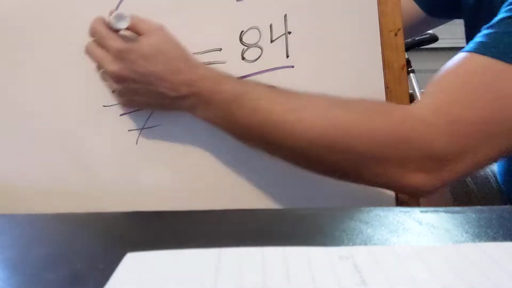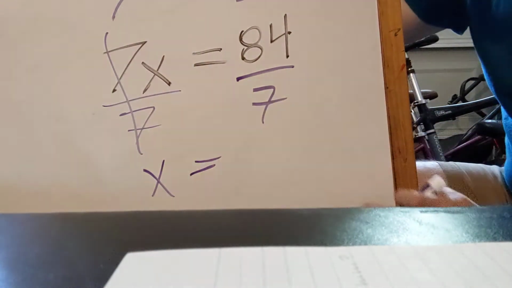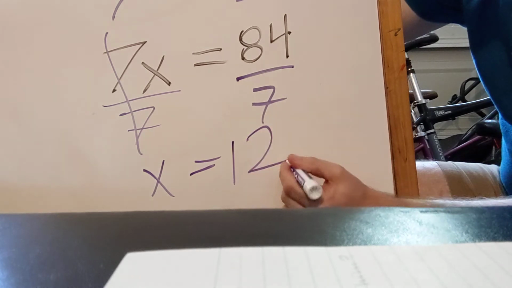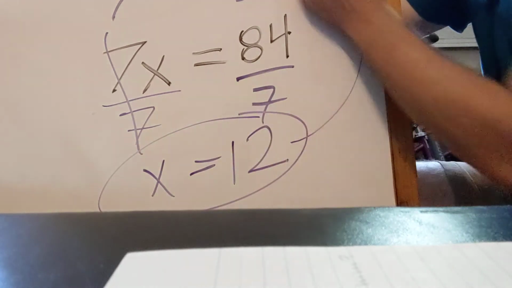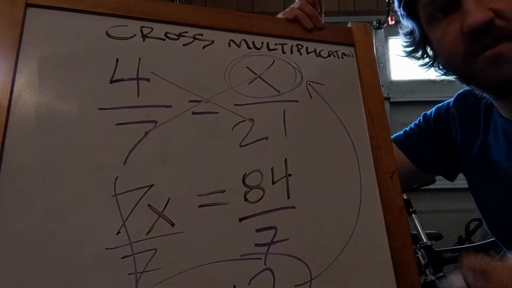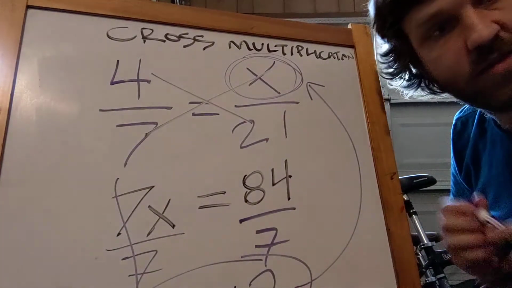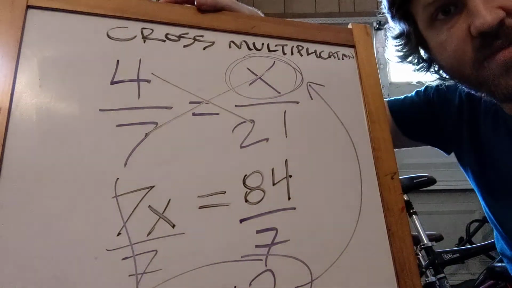And when I do that, this cancels out, leaving me with x equals 84 divided by 7, which is 12. So then I know that x up here is equal to 12. So 4 over 7 is equal to 12 over 21. This is how cross multiplication works when you're solving for one of these missing numbers.